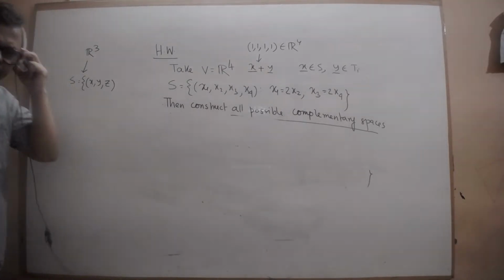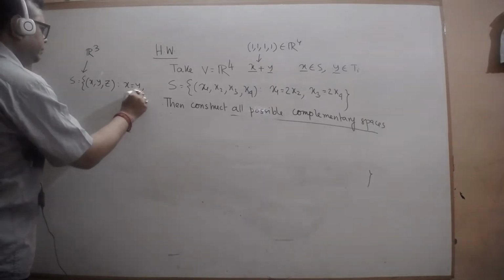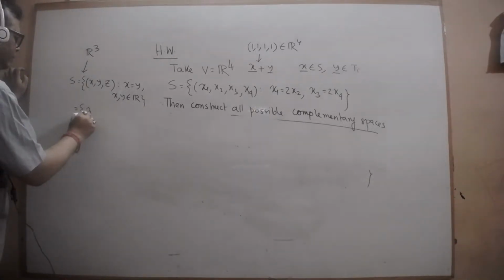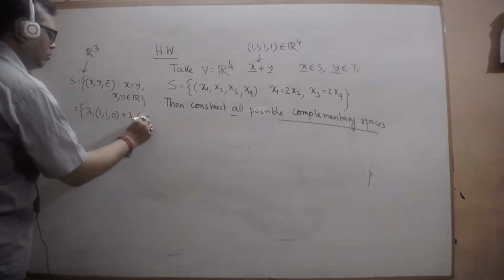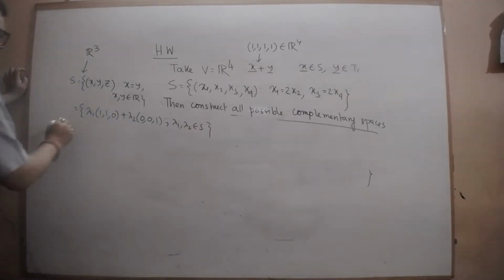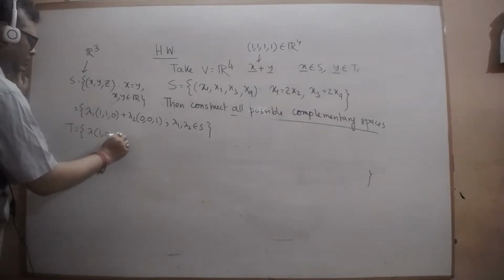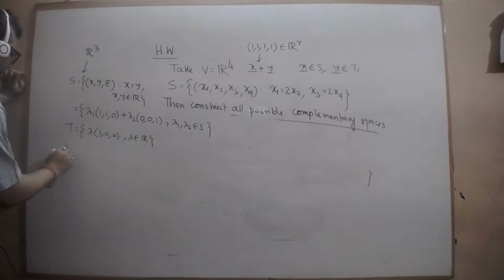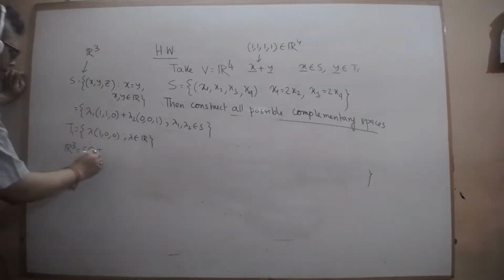Subhajit, wait, I am answering your question, okay? x, y belonging to R. Another way you can write this as... now if you take T equal to... so this is the one possibility where R² equals S plus T. I denote this T1.